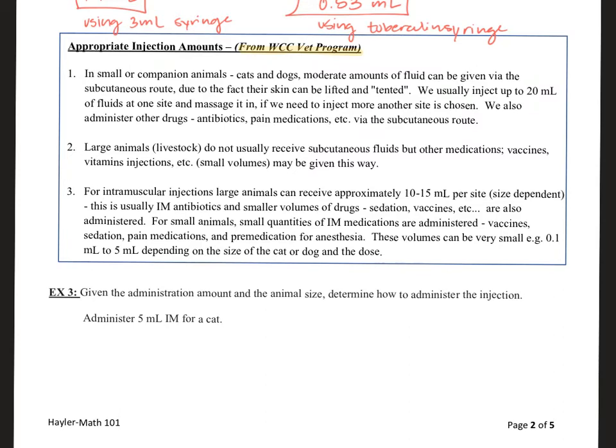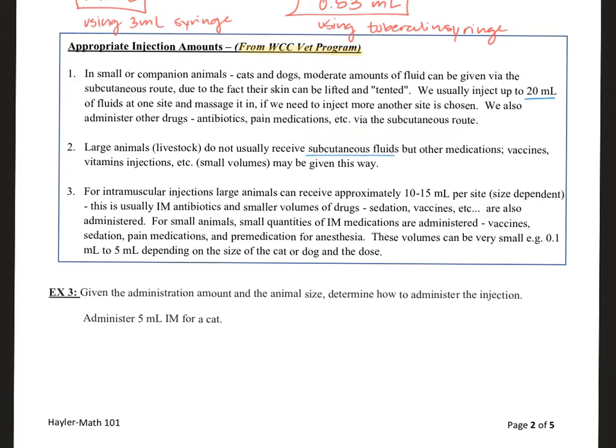So, for small companion animals, the amount of fluid given via the subcutaneous route, okay, so subcutaneous, what is subcutaneous, big word, that means under the skin. So due to the fact that animals' skin can be lifted up more than humans', they can put up to 20 milliliters of fluid in one site. For large animals, they do not normally give subcutaneous fluids, but other medicines.